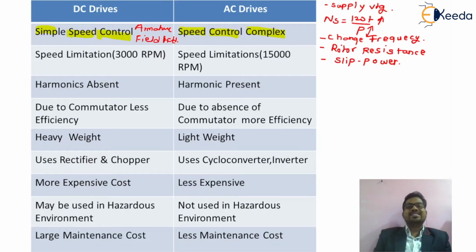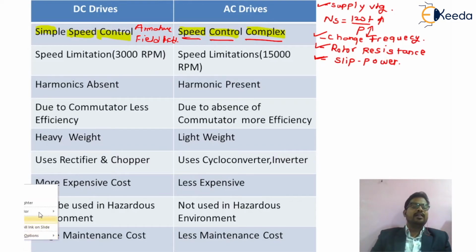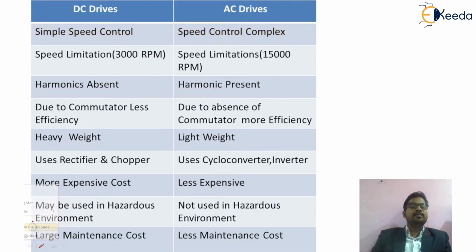So the circuits for speed control by supply voltage, change in frequency, rotor resistance control, and slip power control are quite complex compared with the DC drive. This is a very important point while comparing the status of DC and AC drives.